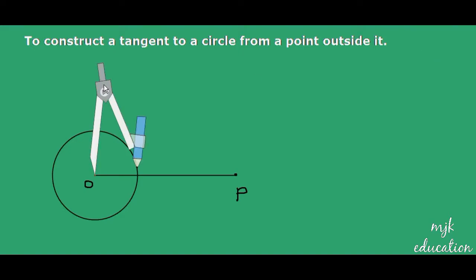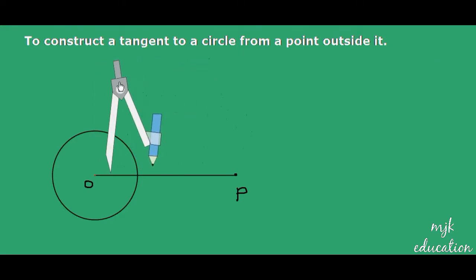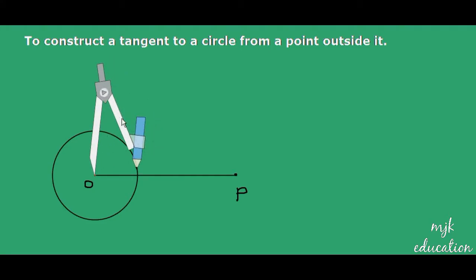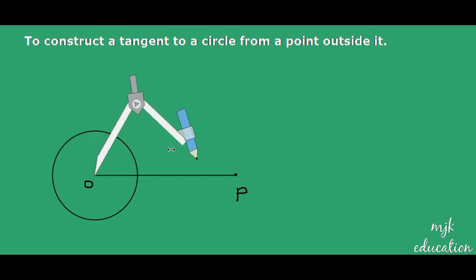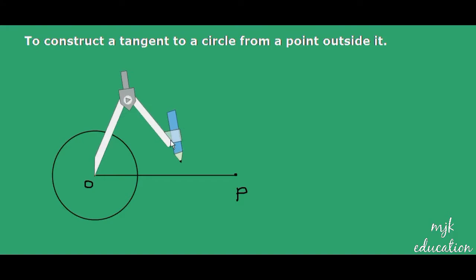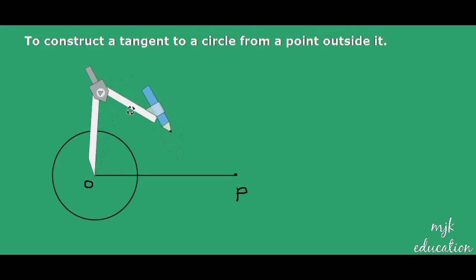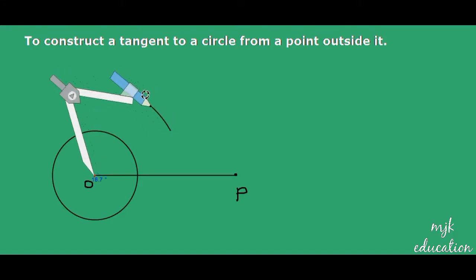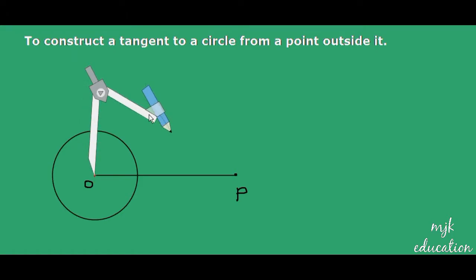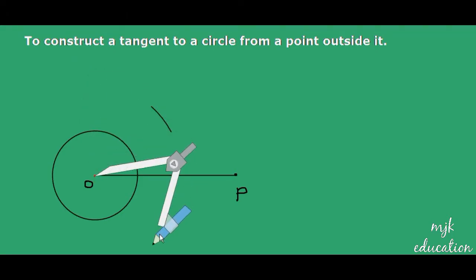Take the compass and draw a perpendicular bisector on OP. So I will take more than half of this OP for making a perpendicular bisector. Just to be very accurate, taking more than half, draw an arc from here to here like this.